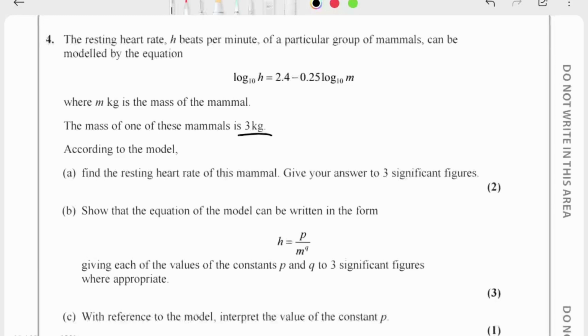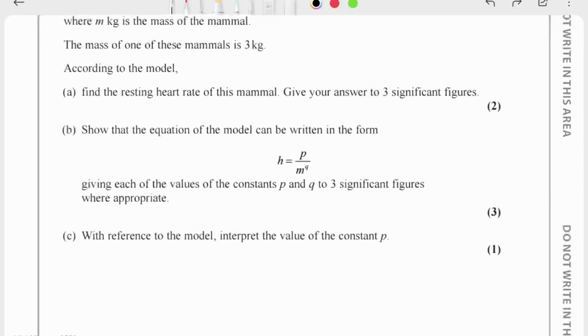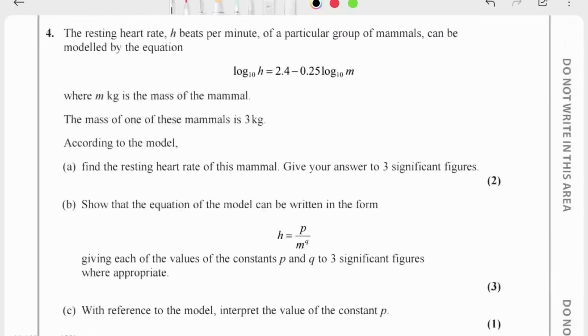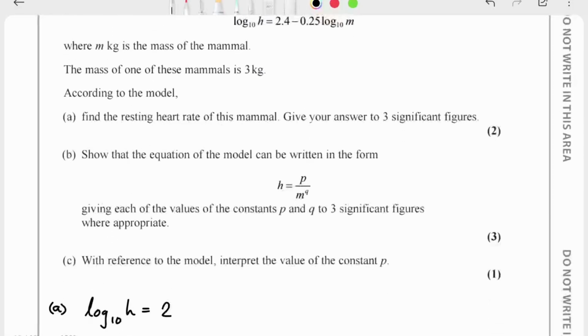So the mass is given. We need to find H. Very simple. Log base 10 H is equal to 2.4 minus 0.25 log base 10 times m. M is 3 for this particular case.